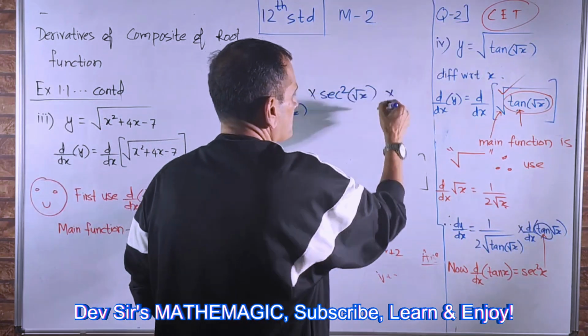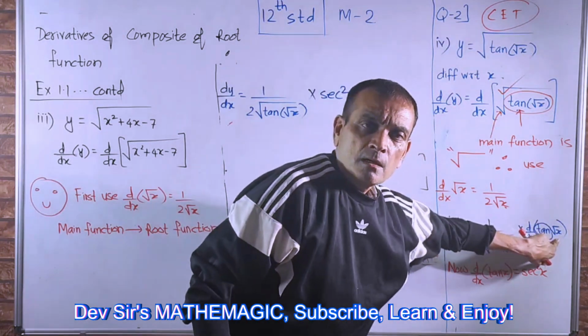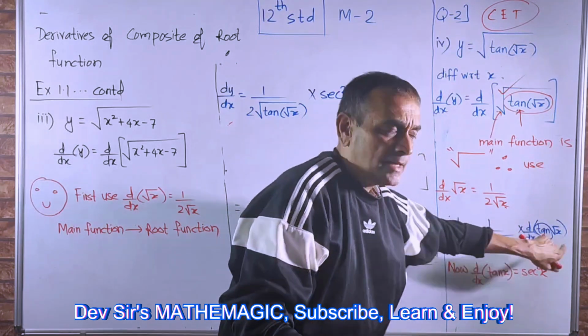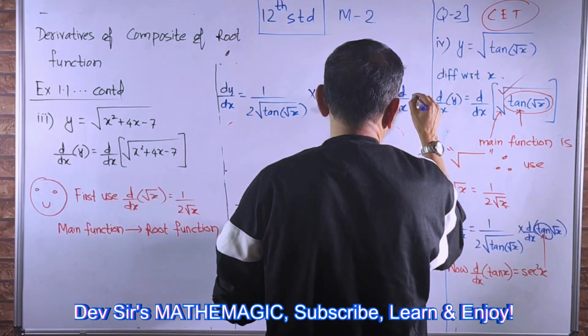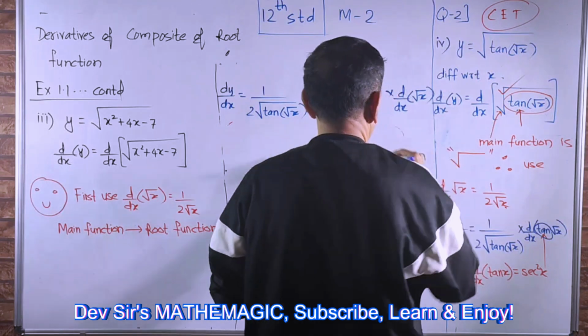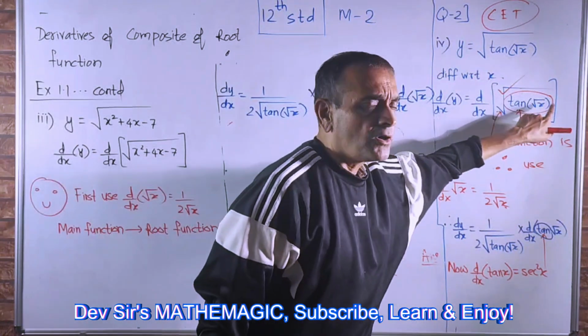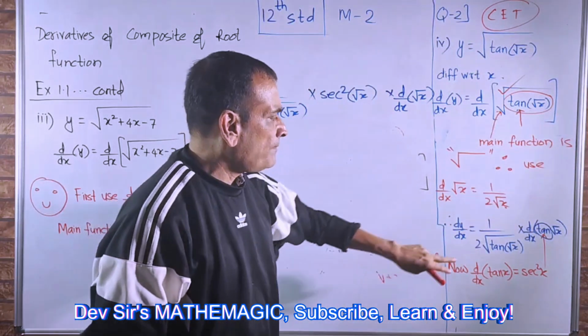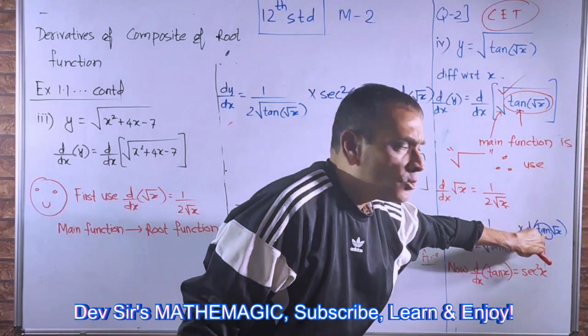Finally, instead of x there is root x. So उसका भी डेरिवेटिव वापस लेना है. d by dx of root x. So first take the derivative of the outer function. 1 upon 2 root हो गया. Then go to the inner function. Derivative of tan हो गया.